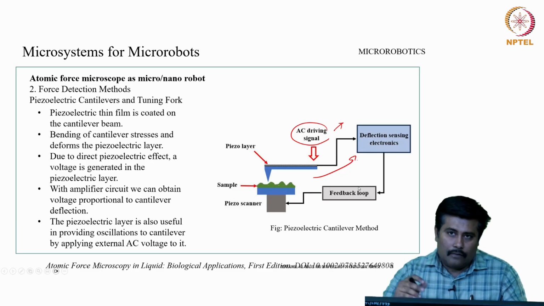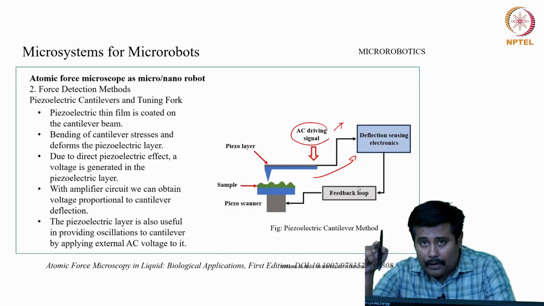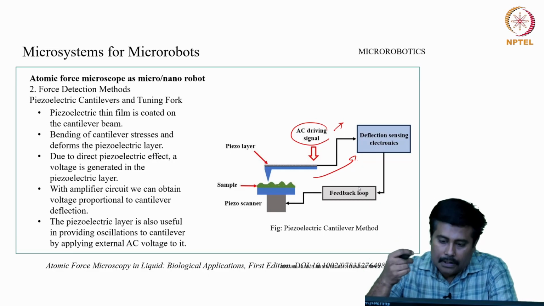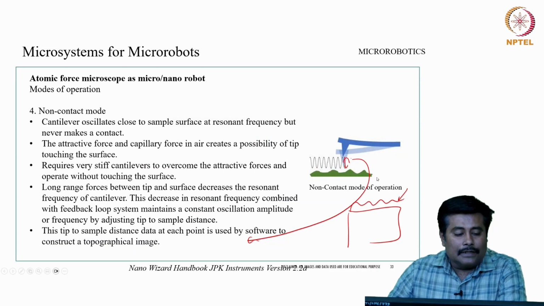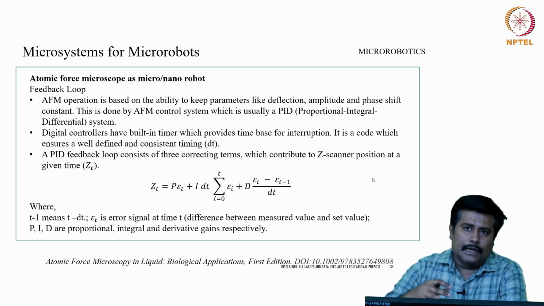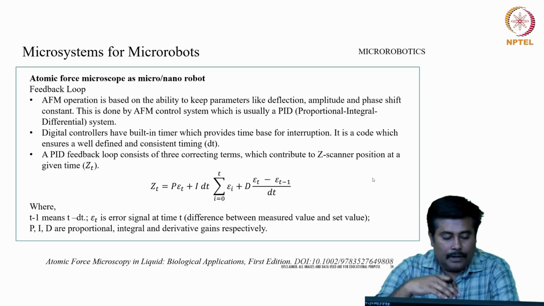Within the piezo layers and the piezo scanners, the feedback loop is embedded and the signals are appropriately taken care of. So, let us discuss the strategies followed for a feedback loop, and have a detailed insight into the overall parameters considered for a feedback loop.